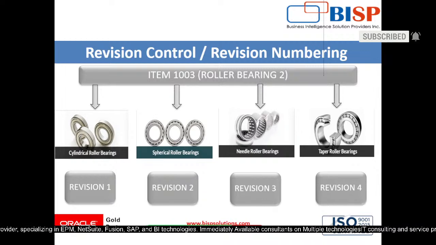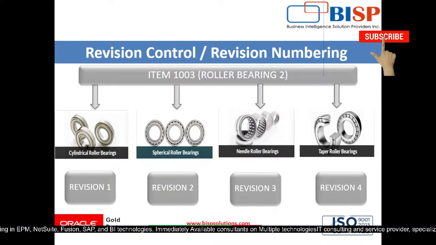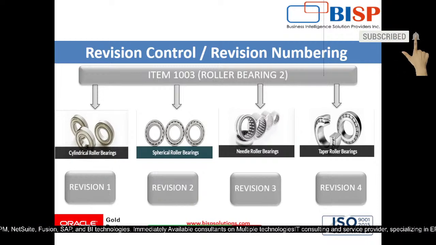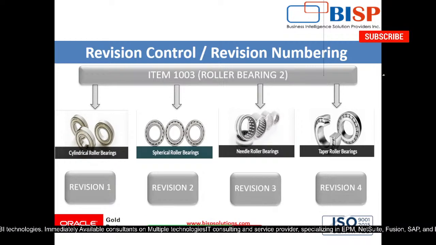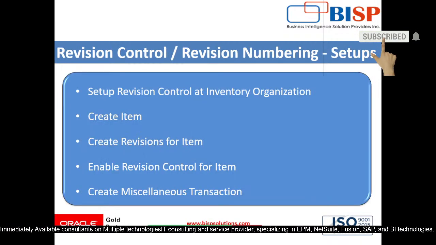In the item 1003, we will create one item in our application, and we'll see the revision functionality, right? So before creating an item we have to define some basic setups. First we have to set up the revision control at the inventory level.